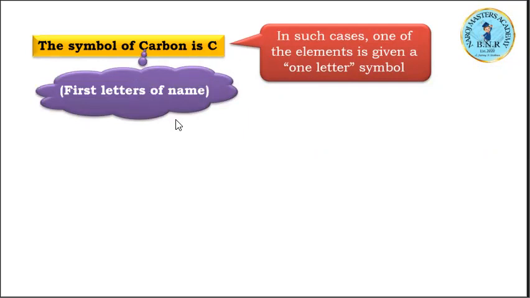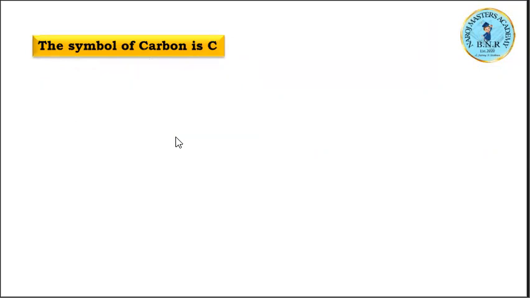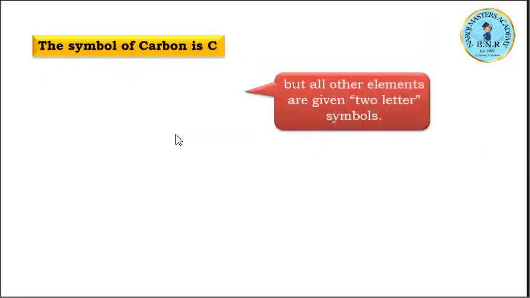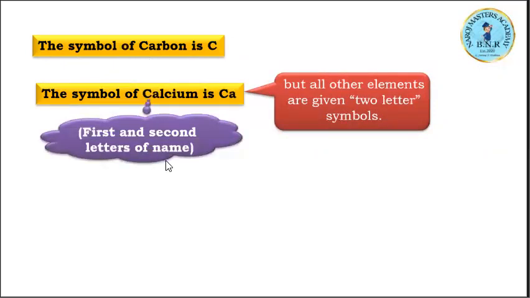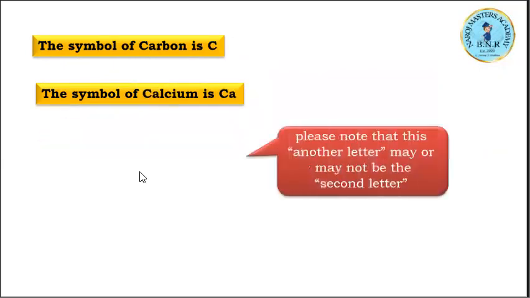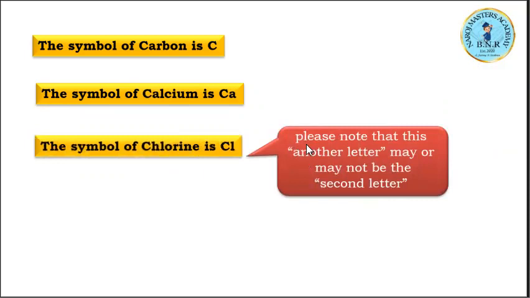It is the first letter of the name. The remaining three have different symbols. All other elements are given two letter symbols. Calcium is Ca, the first and second letters of the name. Please note that this other letter may or may not be the second letter; it may change. Keep it in mind.